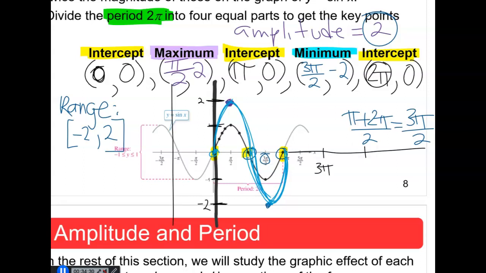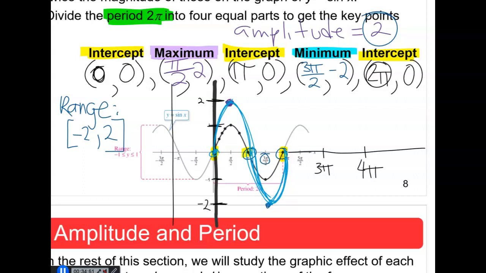And then right here it will be not 2, but 4 pi. Okay, so we're going to keep extending the line, and remember that the same pattern is going to repeat.